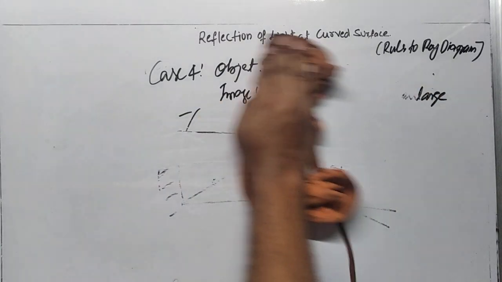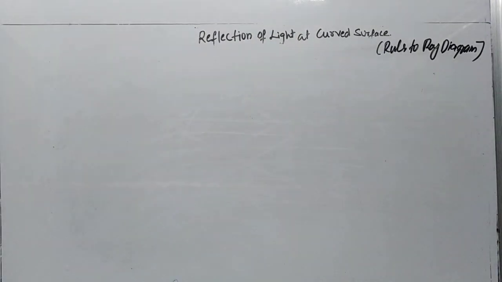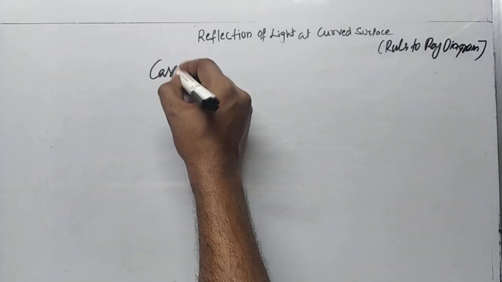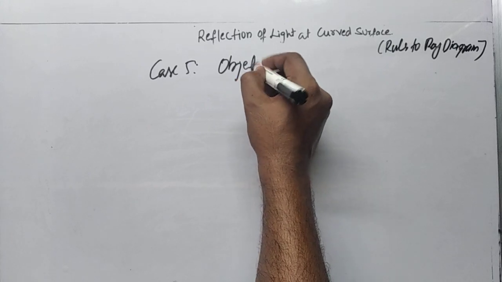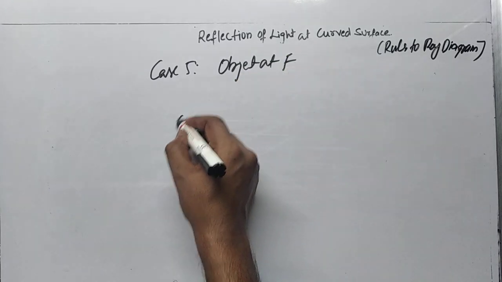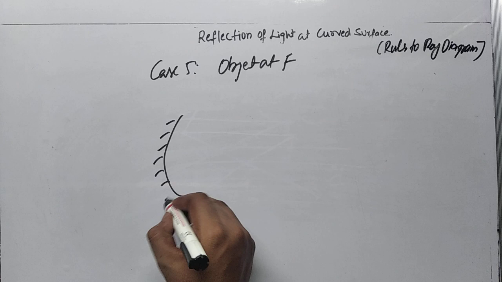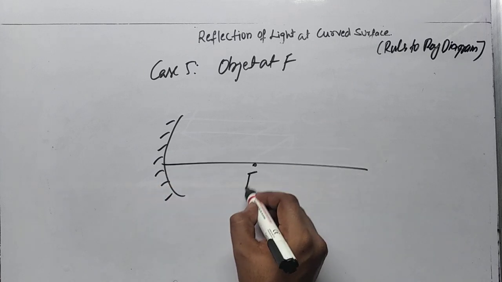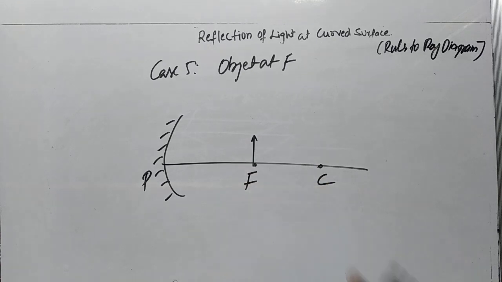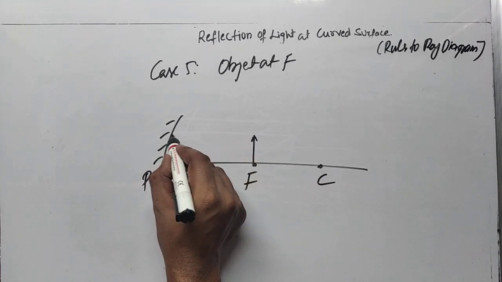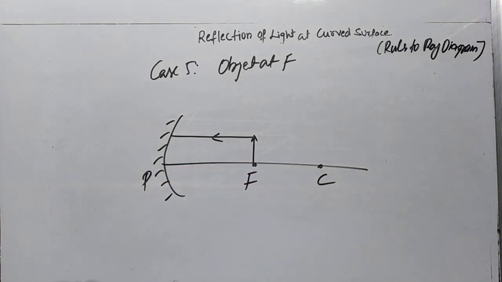Next we'll be talking about case 5. In case 5, we have to place an object at focus. So focus, center of curvature, pole. Now we will be placing an object on the focus. Whenever the object is placed at focus, we take a ray parallel to the principal axis from the tip of the object. It will pass through the focus.